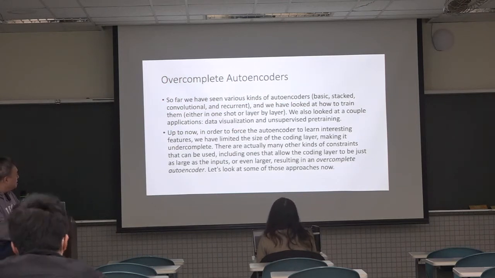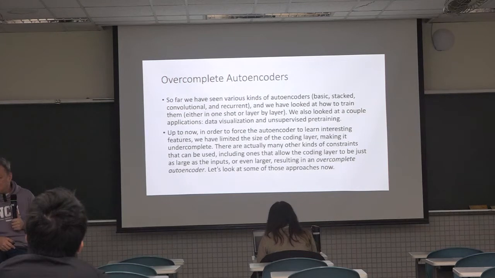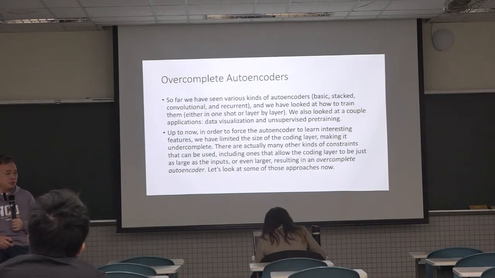There are other situations. One best example that we can talk about is if your input has noise, and you want to somehow remove the noise from your input and recreate a clean input in the output.